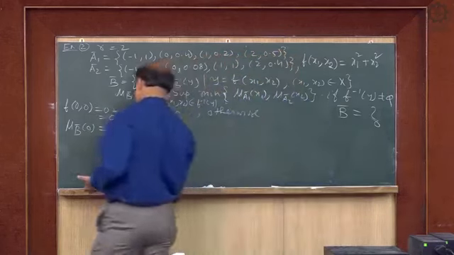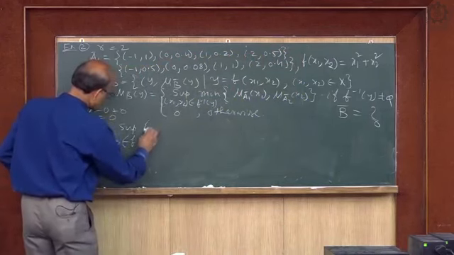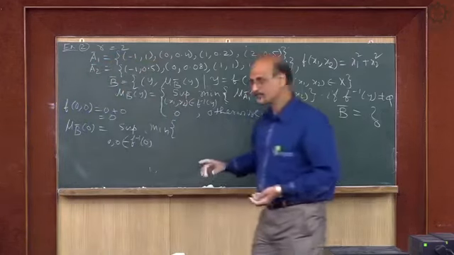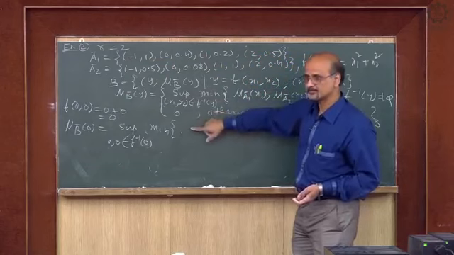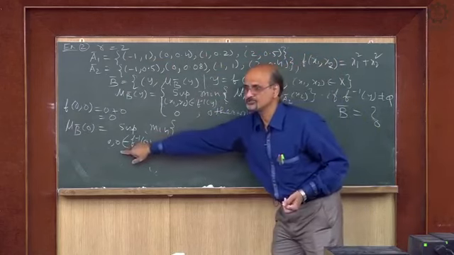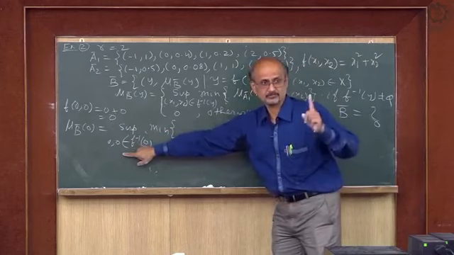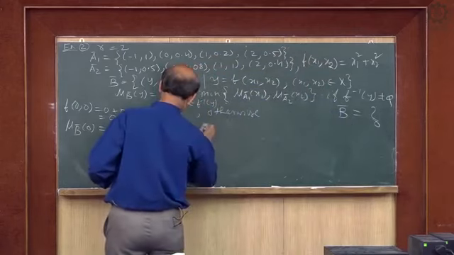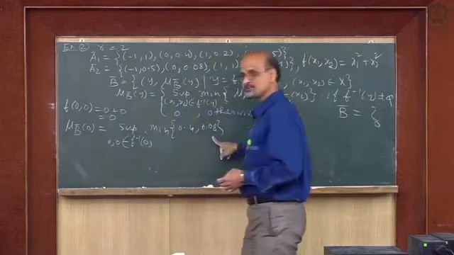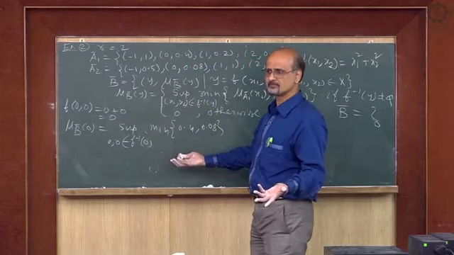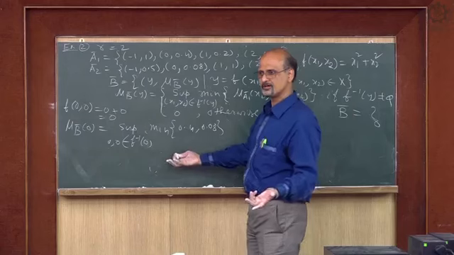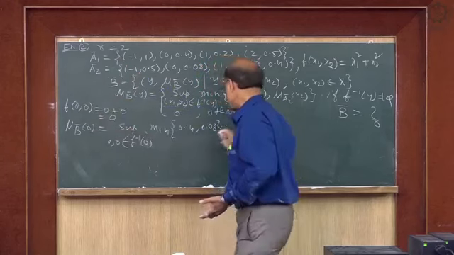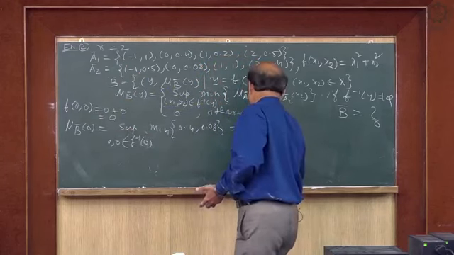So, sup of minimum of 0 and 0: 0 is in the first fuzzy set with 0.4, and 0 is in the second fuzzy set with 0.08. The minimum of 0.4 and 0.08 is 0.08, and the sup is again 0.08. Understanding? It will be more understood when we take 1 or 2. So, this is your 0.08.